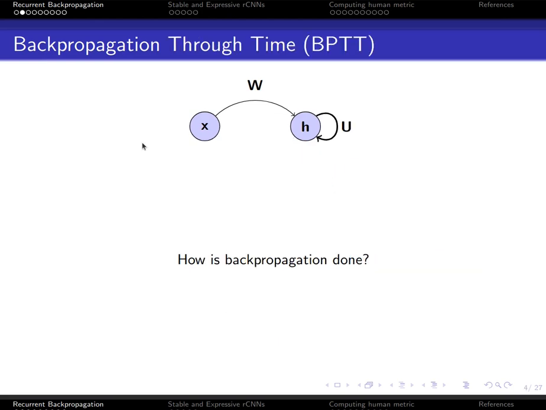Now, what happens when we have feedback loops or recurrent layers? Consider the same case. We have x, we do the dot product with w, we forward to h, and then we have this loop parameterized by u. So we can have an arbitrary number of iterations that repeat the dot product of h with u. We are doing the same thing: we optimize our parameters using the cost function L, comparing with the ground truth y.